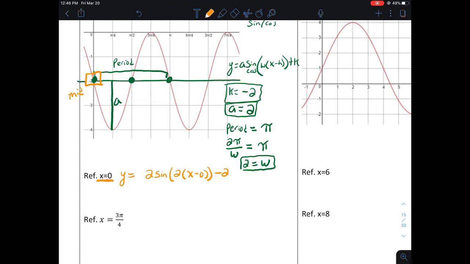For sine, if you start at your midline and then proceed to go below your midline to a minimum, the sine wave has to be reflected, so I have to add a negative sign out front. So here's our equation based on that reference x value: y equals -2 sine of 2x, minus 2.